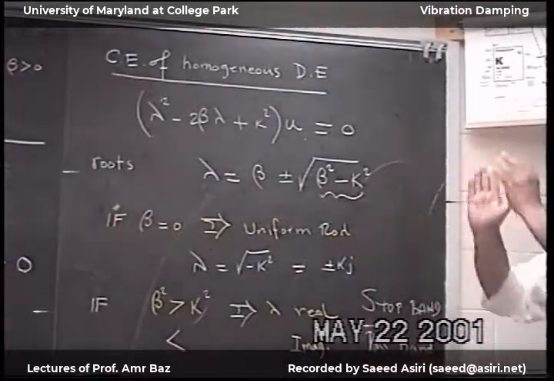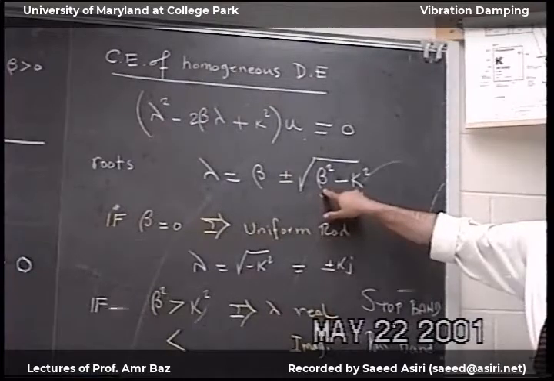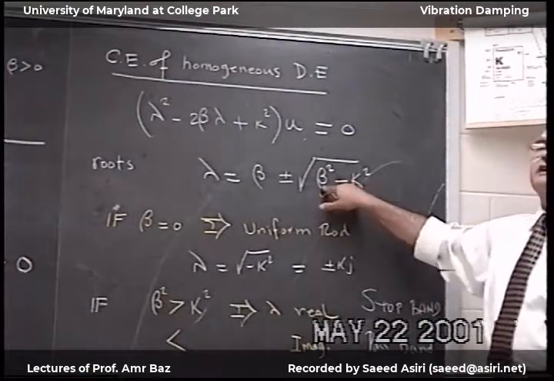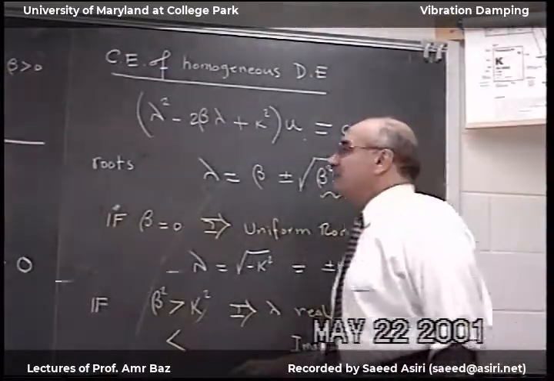The break between these two points is when these two are equal. So when the radical is equal to 0, then I can have either real or imaginary numbers.